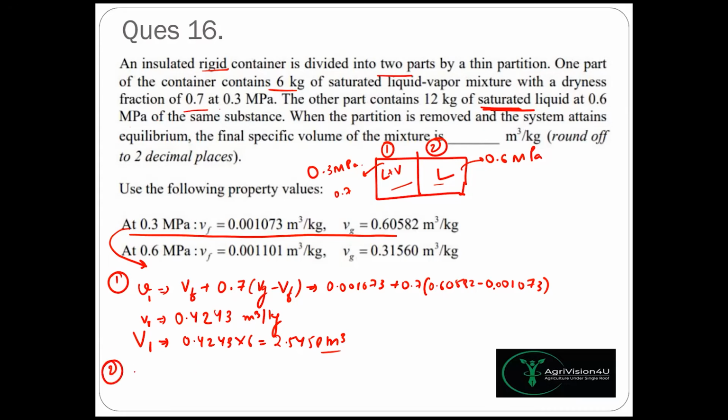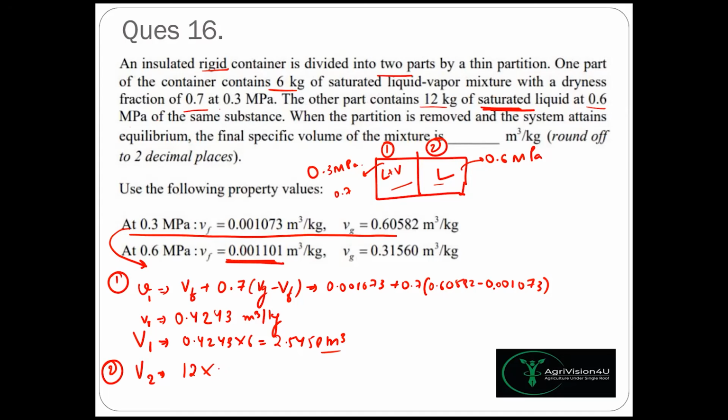Now coming to the second part. In the second part we have 12 kgs of saturated liquid, and this 12 kg of saturated liquid is at 0.6 megapascal. So the total volume of the second one would be 12 kg multiplied by the specific volume of the saturated liquid at 0.6. That means it is equal to this thing.